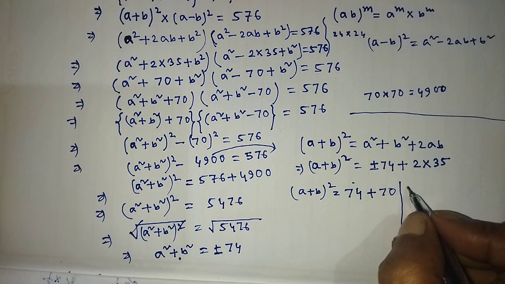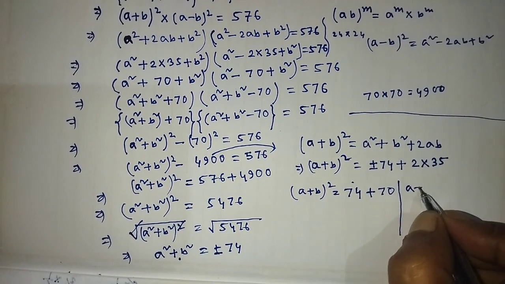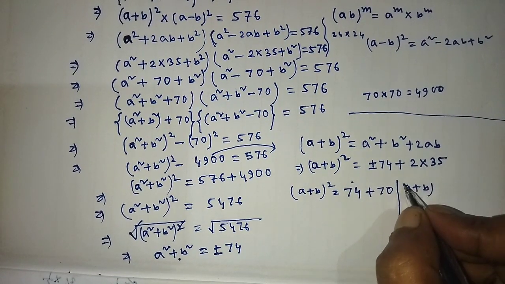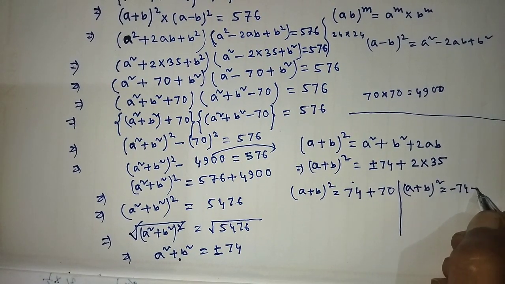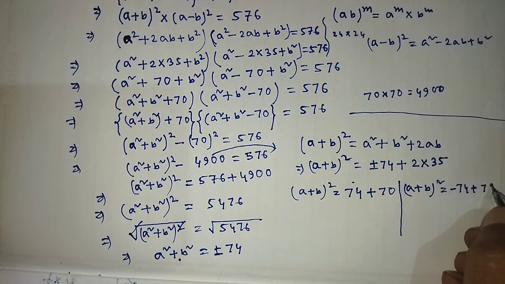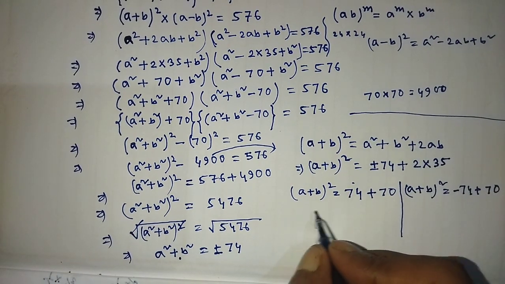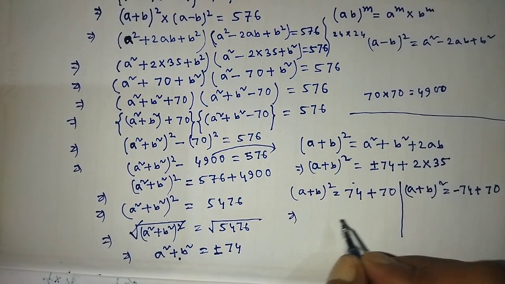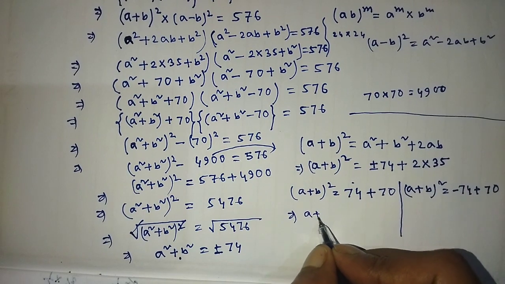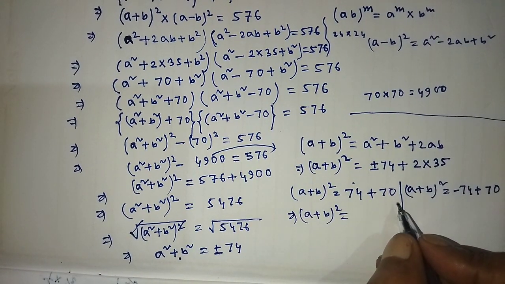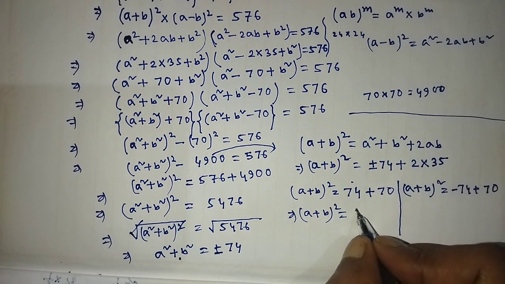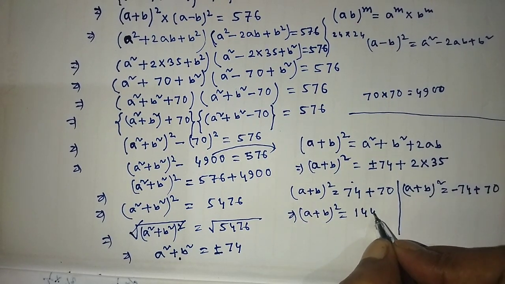Then again (a + b)² is equal to minus 74 plus 70. On the right hand side, if you add 70 with 74, you get 144.